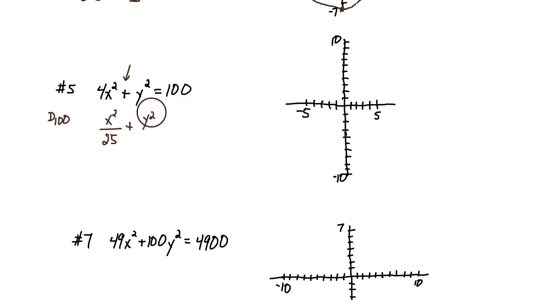Over here we have y squared over 100, and 100 divided by 100 is 1. Now which has the a and the b? This one's the b, it's 5. This one's the a, it's 10. So the center's at the origin, 5 left, 5 right, and then up 10, down 10. And draw in the ellipse.